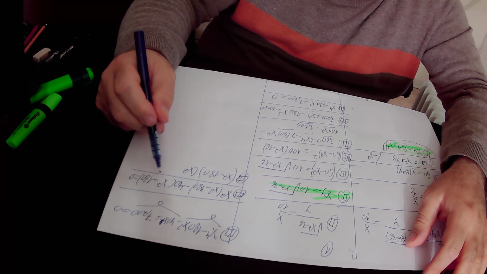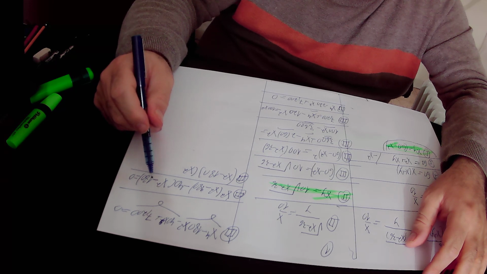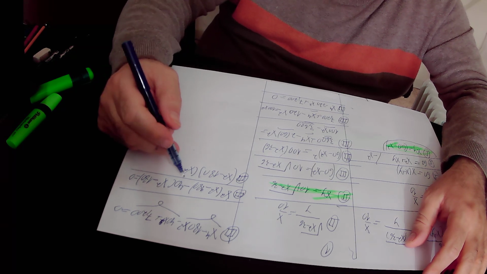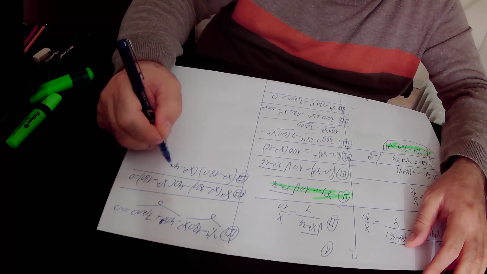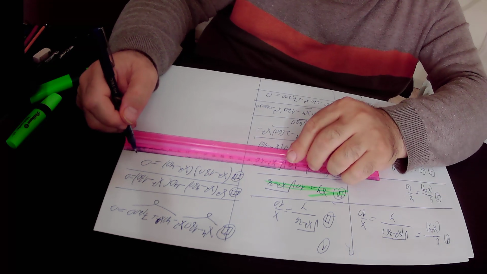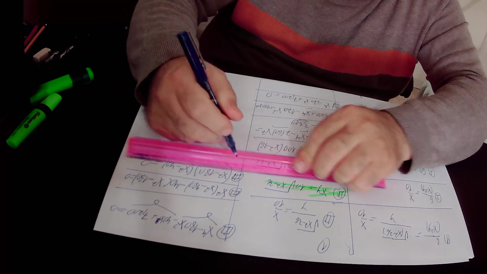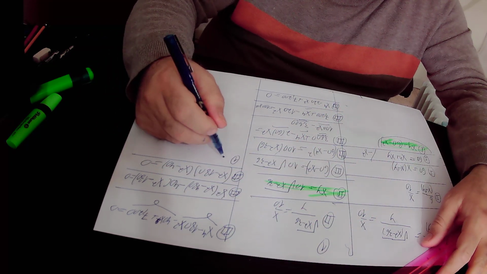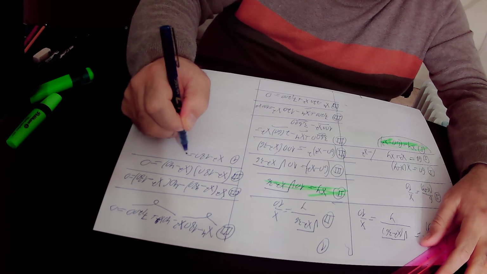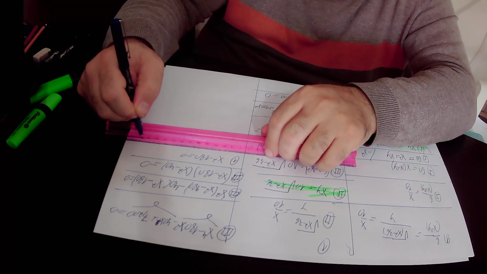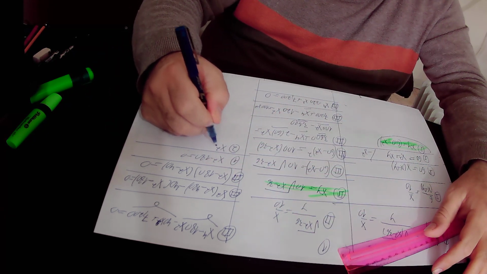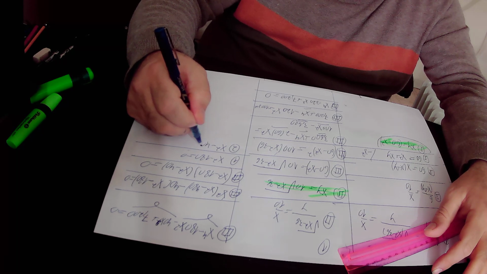And what is left from minus 40 times x squared minus 180? It's actually minus 40. And this is equal to 0. So here we will have two possible solutions for x. The first solution is that x squared minus 180 equals 0. And the second solution is that x squared minus 40 equals 0.